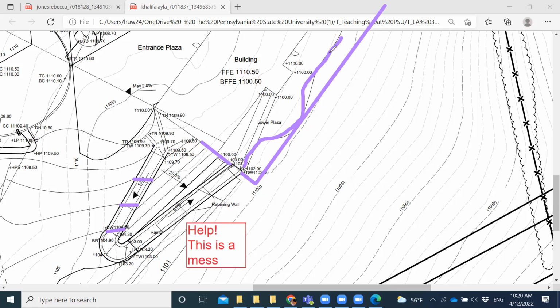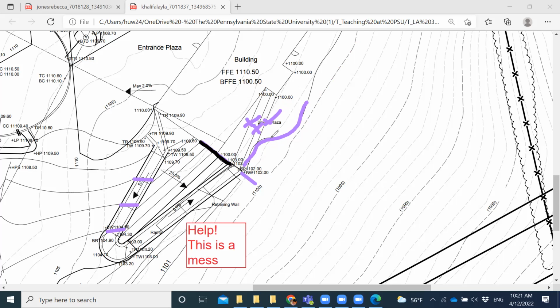Okay, so if that's the case, that's okay. And we basically start the plaza like this. Okay, then you can get rid of these lines. I'm not sure what those lines are though. Are they contours? Yeah, those are contours. Don't they have to run into the building, or can I run it into the plaza? You wouldn't run it into the wall here.